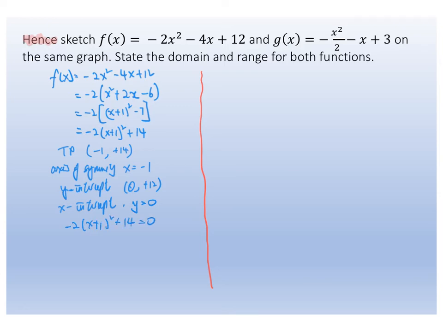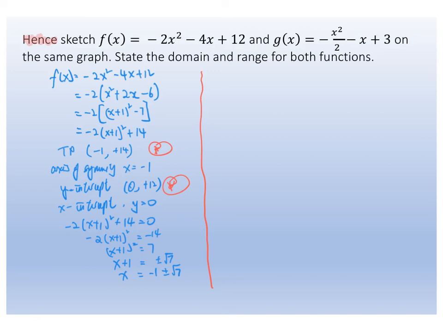So I can either divide everything by minus 2 first, or I can write it out this way: minus 2 (x plus 1) squared equals minus 14, (x plus 1) squared equals 7, x plus 1 equals plus or minus square root of 7, x equals minus 1 plus or minus square root of 7. No change. So again, the change is the turning point, the y-intercept, and of course the shape in this case is narrower.